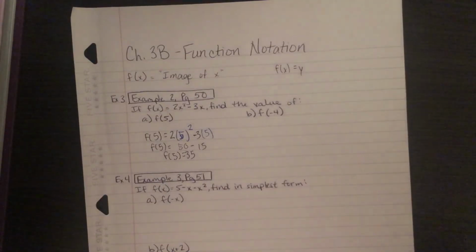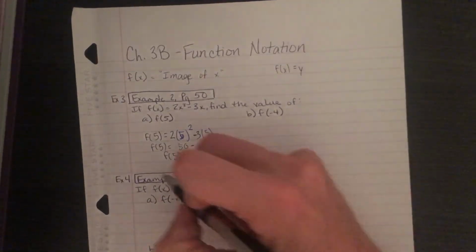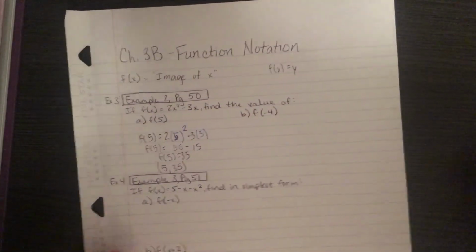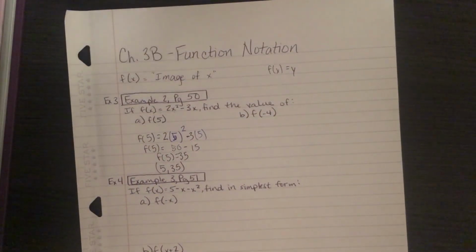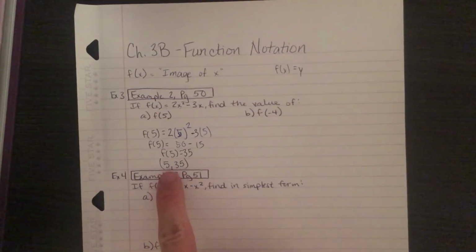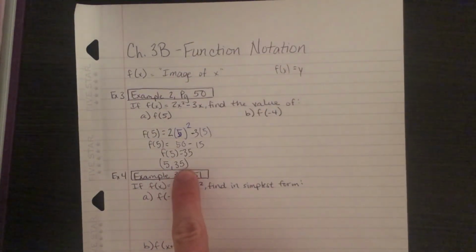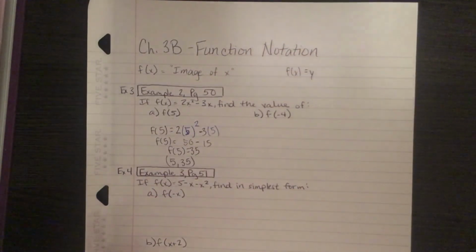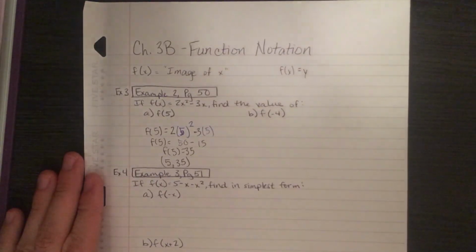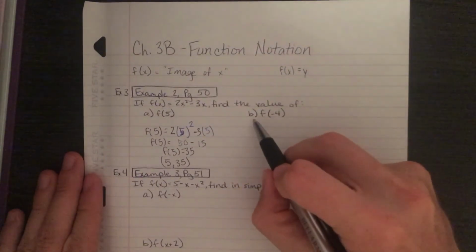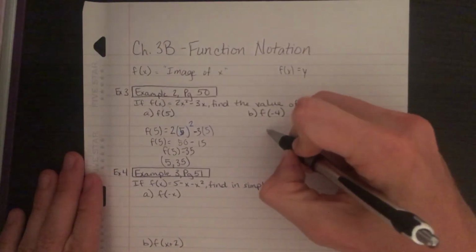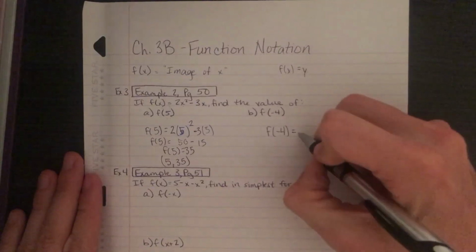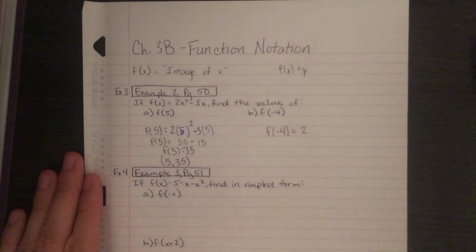And the way that you would represent this with a coordinate would just be (5, 35) if we were going to attempt to graph this thing. So (5, 35) says the exact same thing as f of 5 equals 35. Let's do another one real quick for negative 4. If you want to pause it and do this one yourself, you are more than welcome to. Just some quick computational math here.